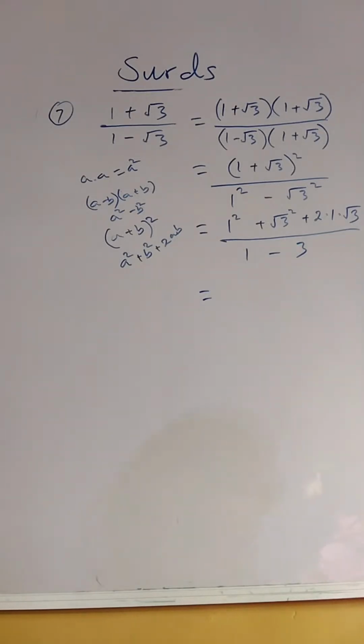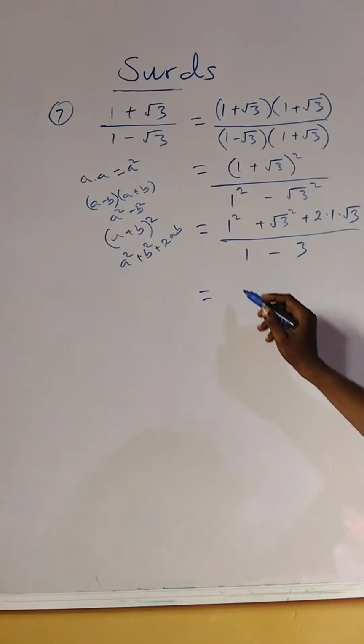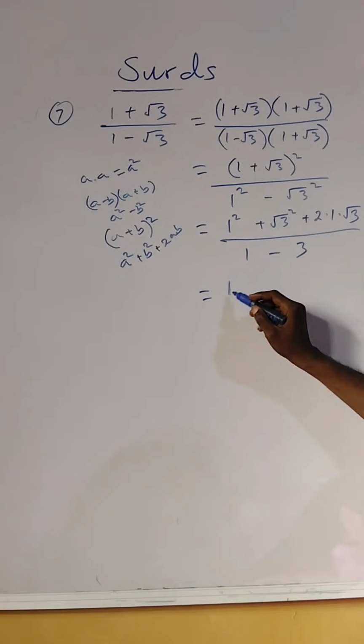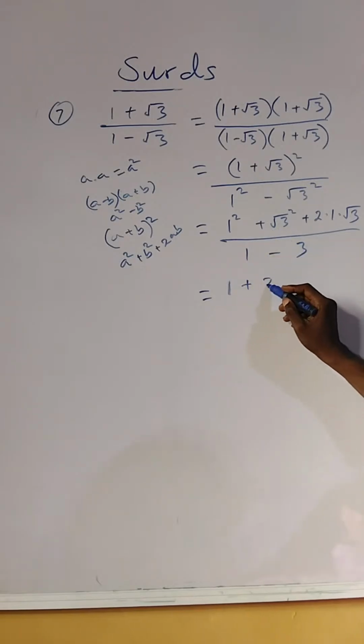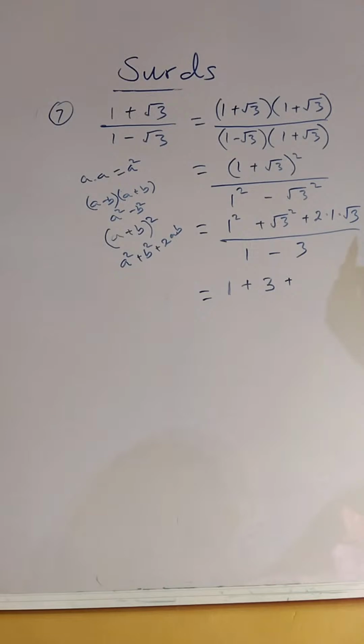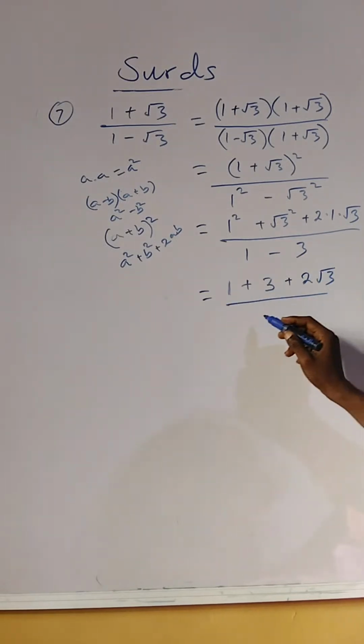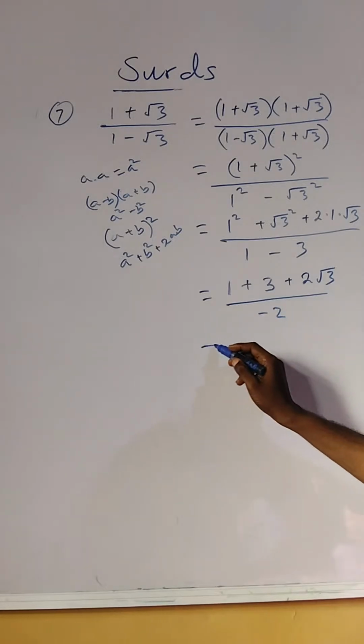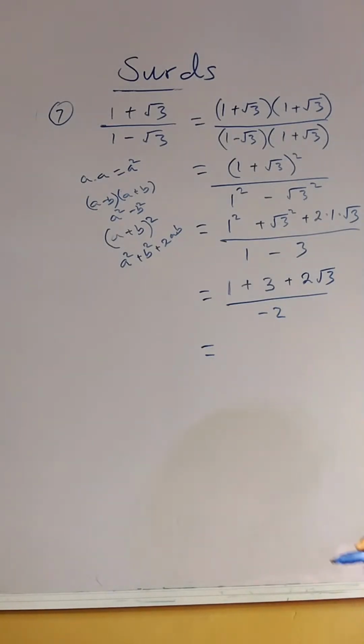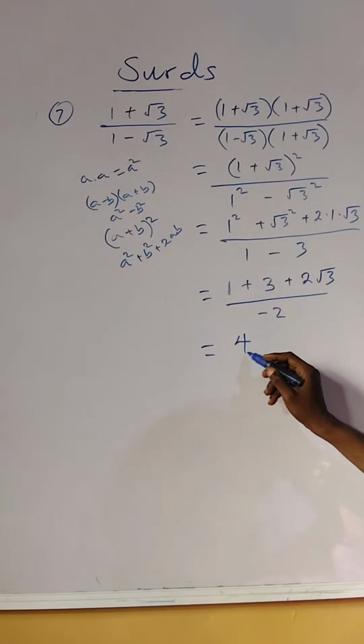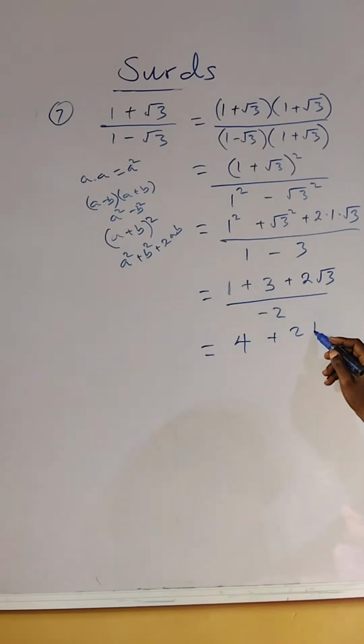That is, from here we have 1 squared, 1, plus root 3 squared, 3, plus 2 times 1 times root 3, that's 2 root 3, divided by 1 minus 3, minus 2. That is, we have 1 plus 3, 4, plus 2 root 3 over minus 2.